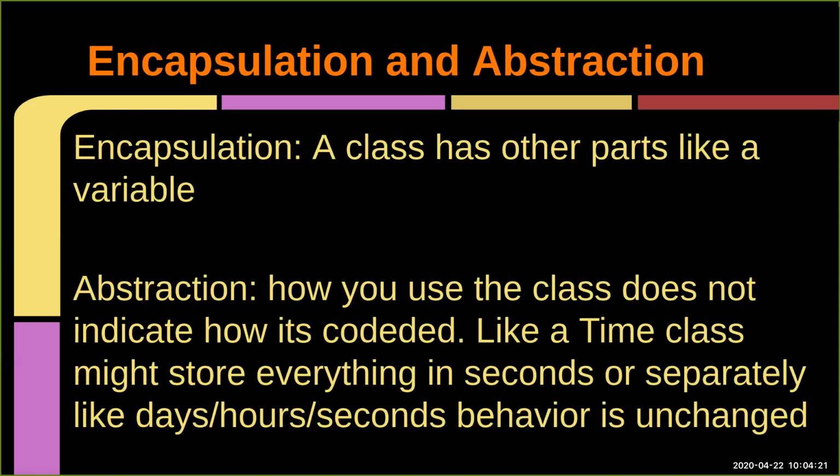And when they ask for the current hour, your getter method goes and divides those seconds by 60 and by 60 again to give them that hour. But they don't need to know that. So abstraction is the concept that how the class is coded isn't going to be revealed in just the use of it.